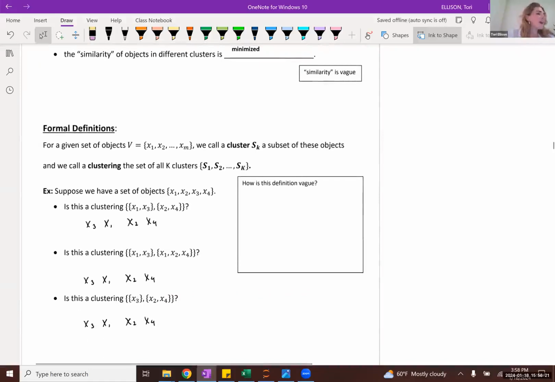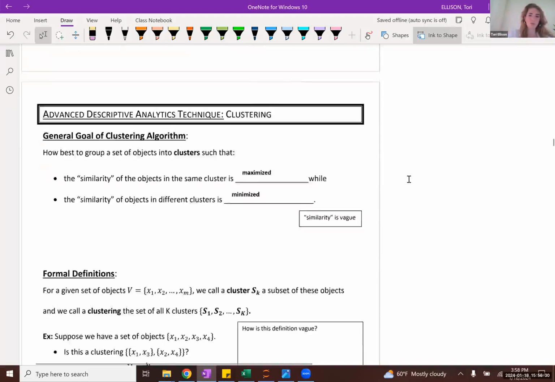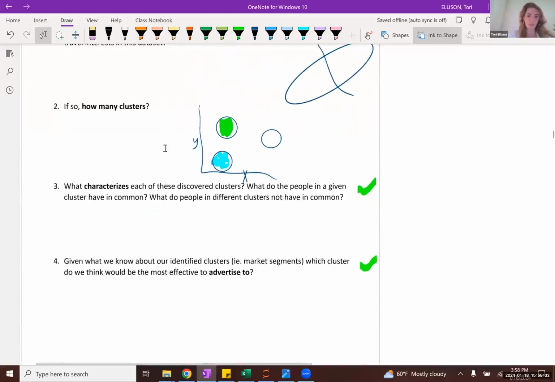Actually, I'll answer it now. The question is, how does this connect to finding out which market segments to advertise to? Basically, once we find a group of people, we're going to learn what they like, what type of trips they most enjoy.